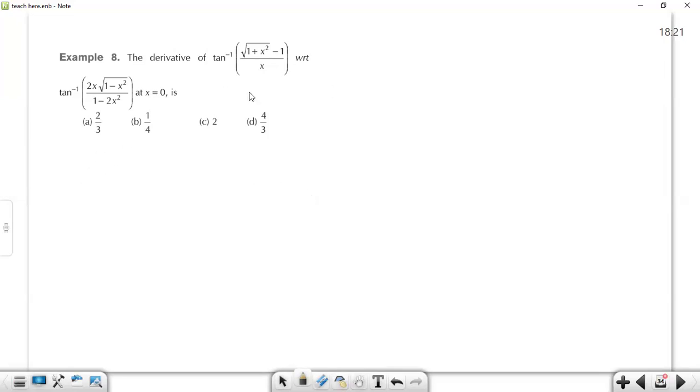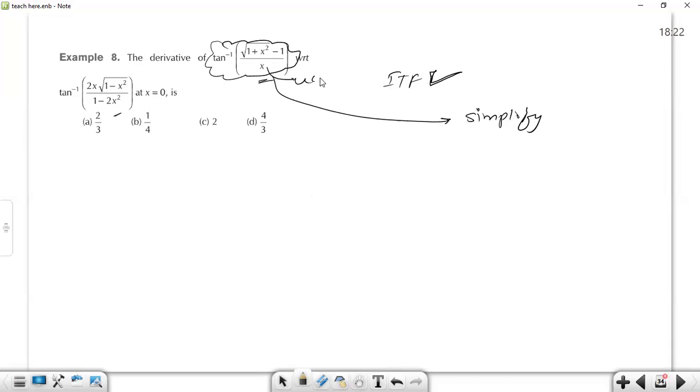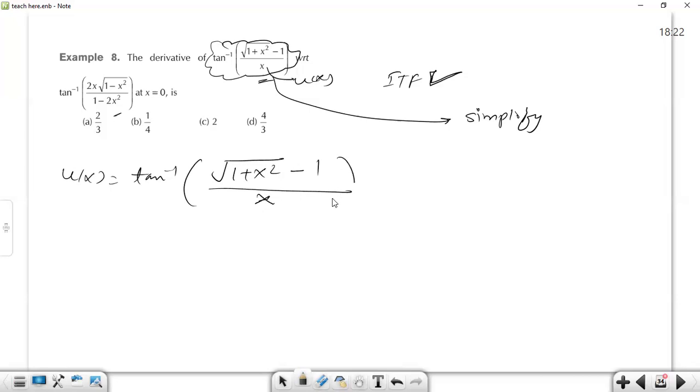So after seeing this function, whenever we see an inverse trigonometric function and we have to find its derivative, what we first have to do is simplify it. So let us consider this function as u of x. So u of x is tan inverse of (square root of 1 plus x square minus 1) upon x.